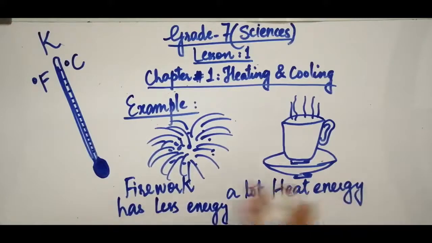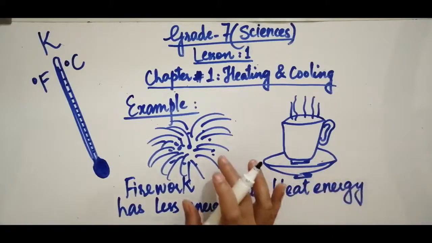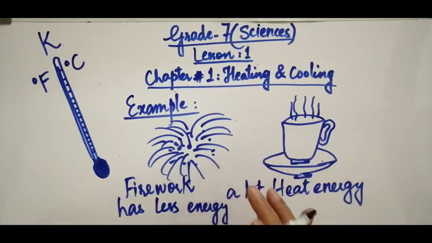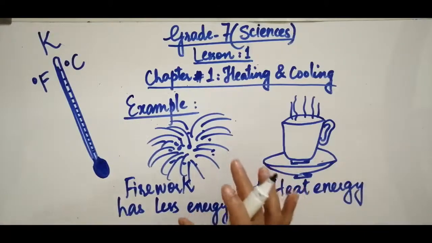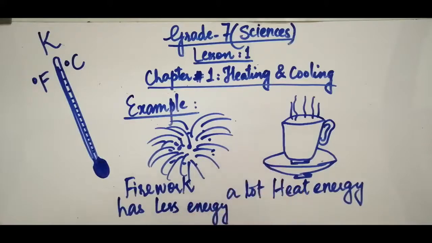So what is the basic difference between both? If you touch or feel the spark of the firework, then you will not get burned, will not get hurt so much. Why? Because it contains less heat energy.